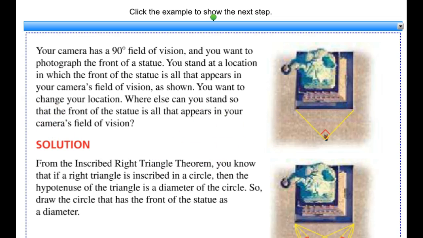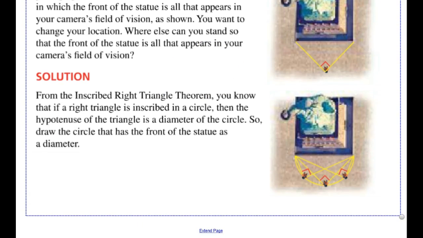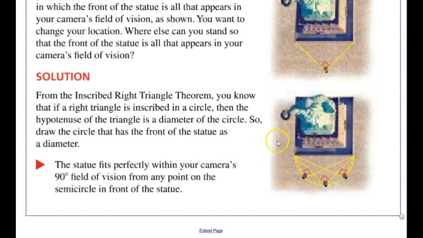Okay, so let's go ahead and look at what we've done here. So I know that because I'm dealing with a right triangle, this hypotenuse is the diameter of that circle. So using that information, I can just draw the rest of my circle, just like that. So then I can have several other places.